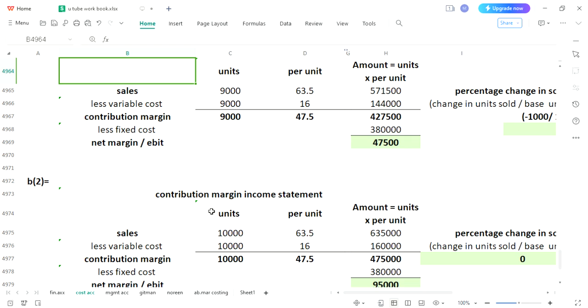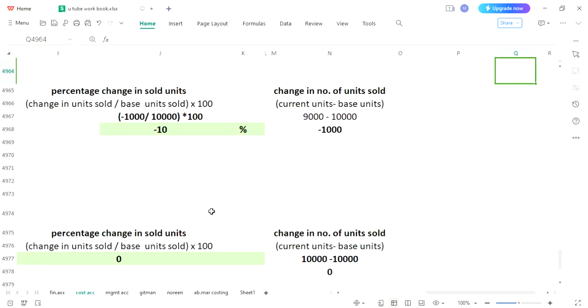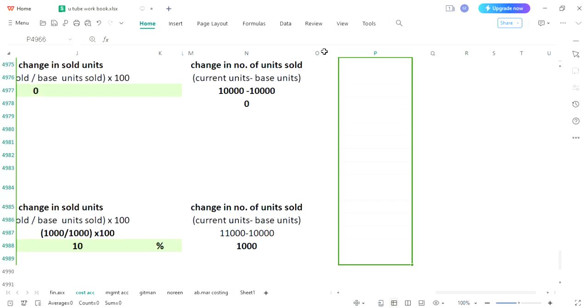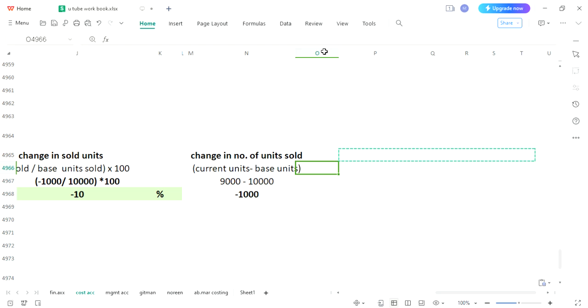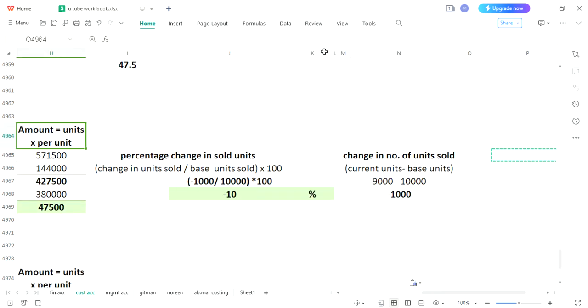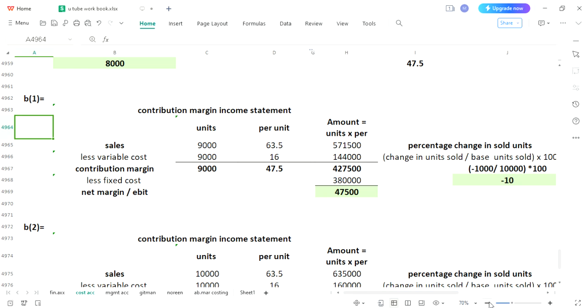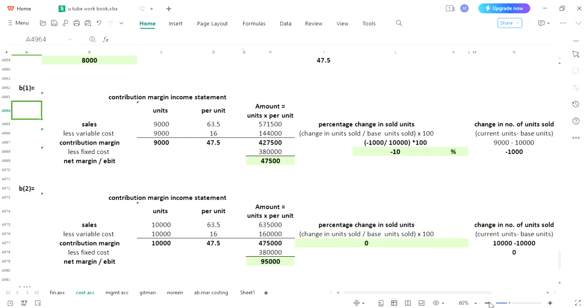So let's get back over here, and here you will calculate the next part of the question, where the percentage change in EBIT also needs to be calculated. Let's make some space over here. Okay, from here you will start your calculation, but before that I want to let you know where we are and what we are doing, so just the view of the question needs to be seen closely.